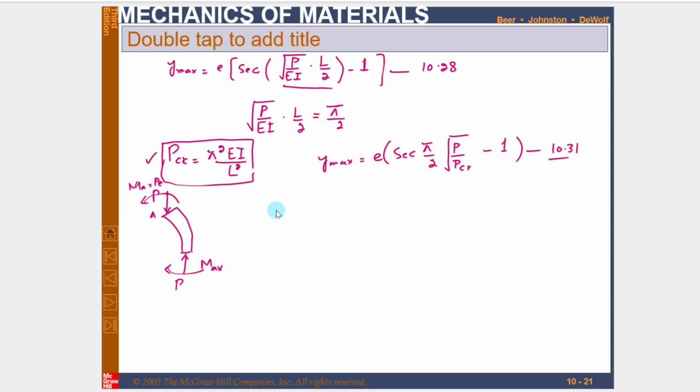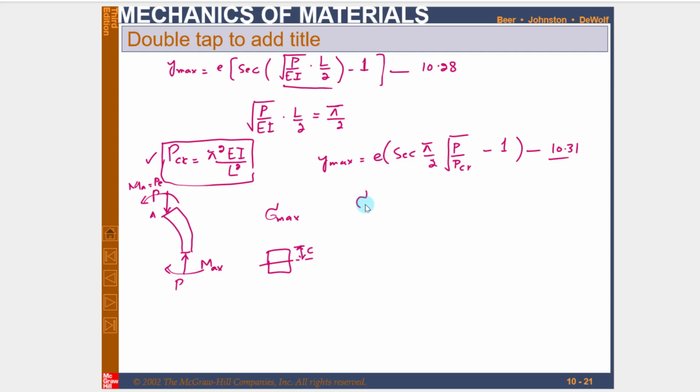So the maximum stress sigma max occurs in the section of the column where the bending moment is maximum. If I draw the section, this is the axis, so the bending moment will be maximum at a distance of C from the neutral axis.